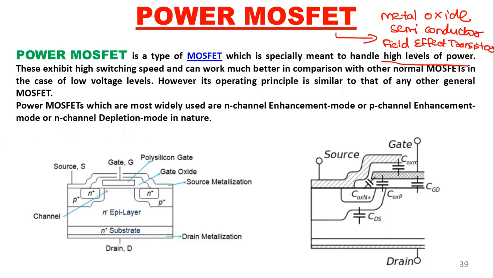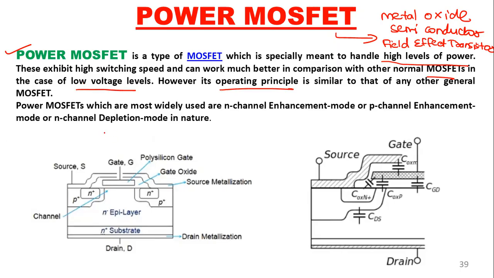So that is MOSFET. So power MOSFET means it will be used for a high level of power. That's why we call it a power MOSFET, just like the power diode. Normal MOSFETs are for low voltage levels; however, the operating principle is similar.